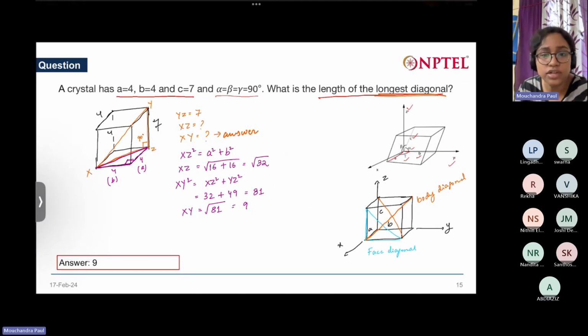Any doubt in understanding this particular problem and how it is solved? No doubt. Have all of you understood the logic behind solving this kind of problem? Yes, ma'am. Okay.